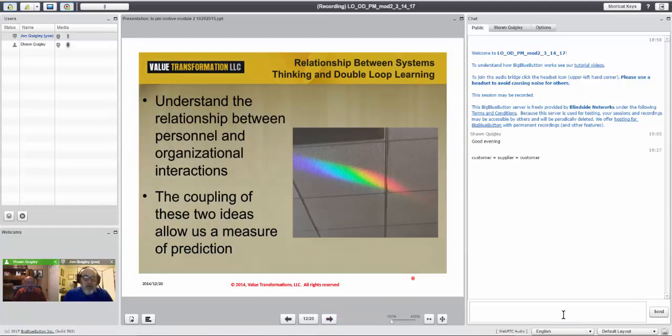I think we've already touched on this, the relationship between systems thinking and loop learning. You obviously have to know your process. A good example of that is the prism on the ceiling tile. You know that the prism is a spectrum of light, Roy G. Biv, for all those who remember. But you know where it came from.